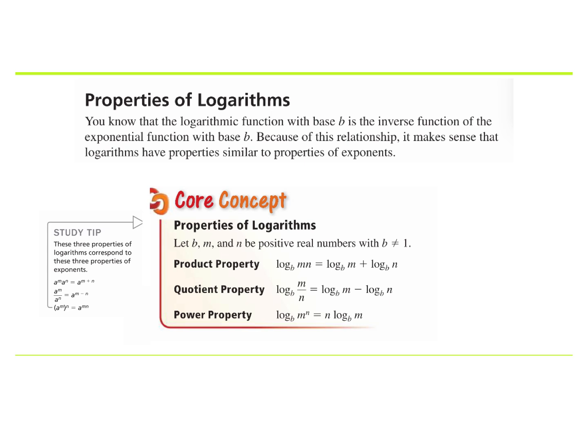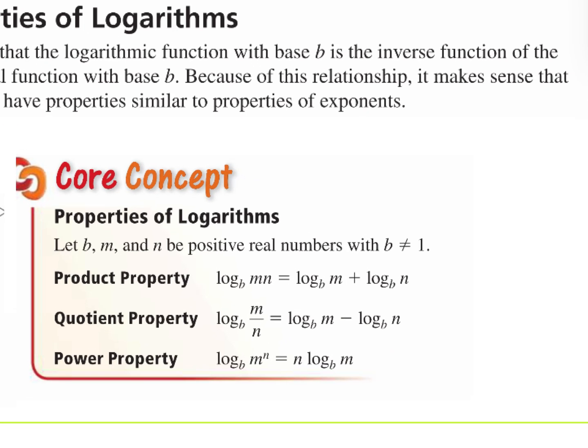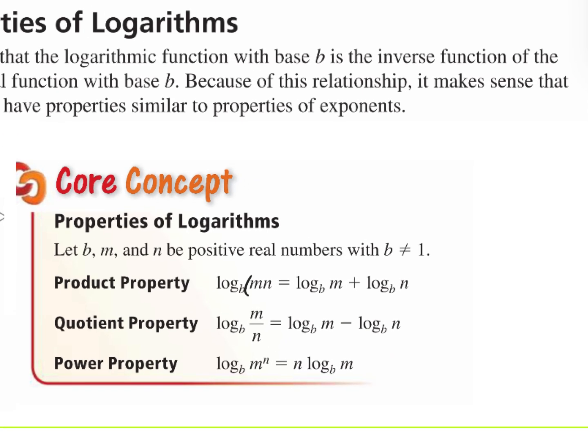All right, so here are some properties of logarithms. Stuff that I didn't go over in class, but I went over in the previous video. We have the product property, which states that if you're multiplying under a log, then you can split it up and it becomes an addition problem, right?